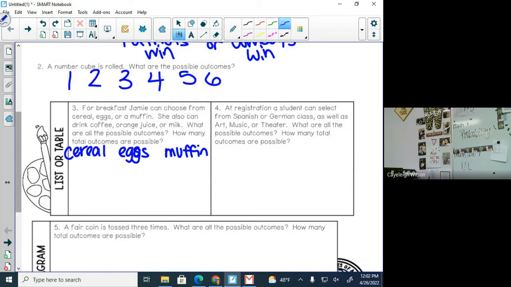Now, once she picks out her food choice, then she gets to pick a drink. What are the possible drinks that she could pick? Coffee, orange juice, or milk. So if she picks cereal, she could pick coffee to drink. She could pick milk to drink, or she could pick orange juice to drink.